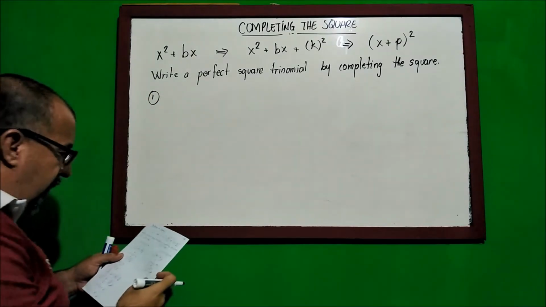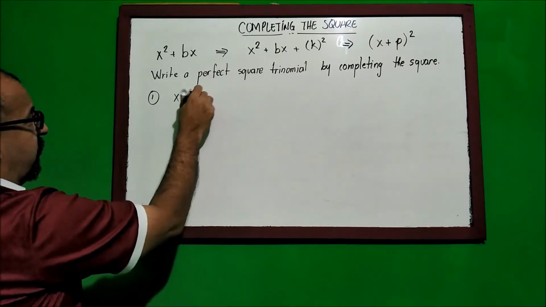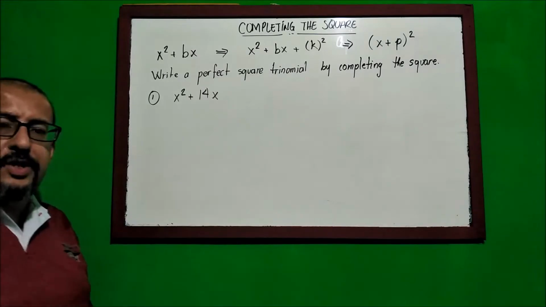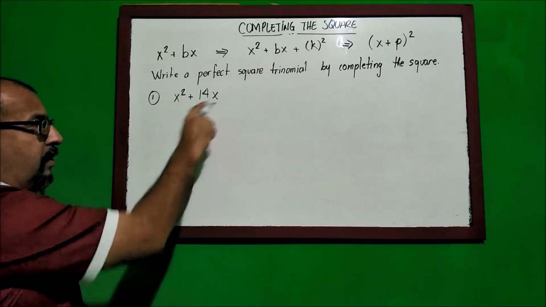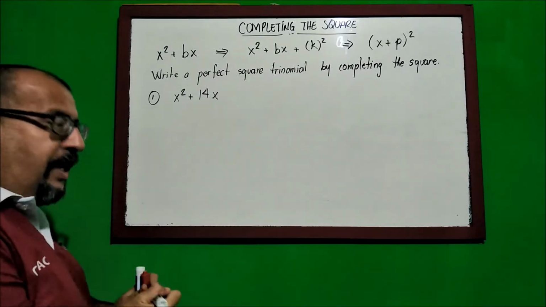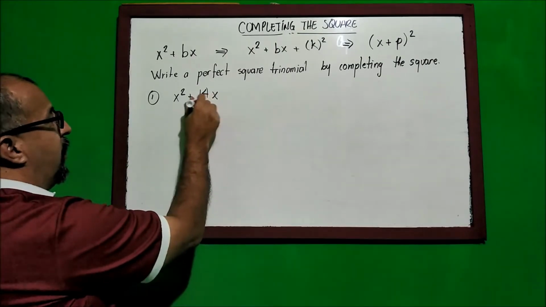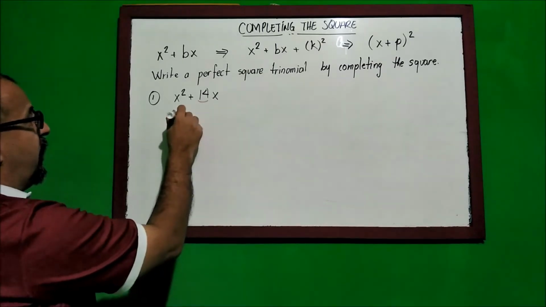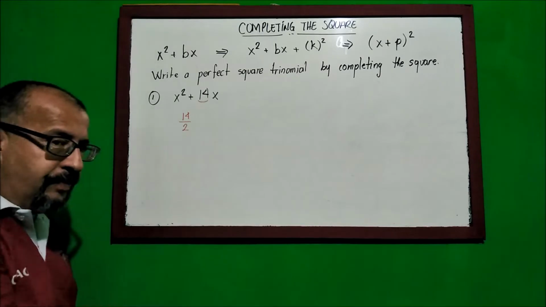Example number 1 tells me that I have the expression x squared plus 14x. As you can see directly, the expression is not a perfect square trinomial. It is a binomial, and I need to make it a perfect square. So the trick in here is the following. We identify the value of b, which is 14 in this case. And then we will take 14 and divide it by 2.